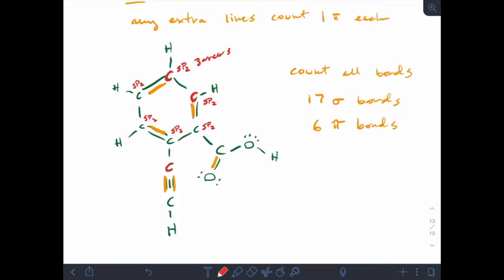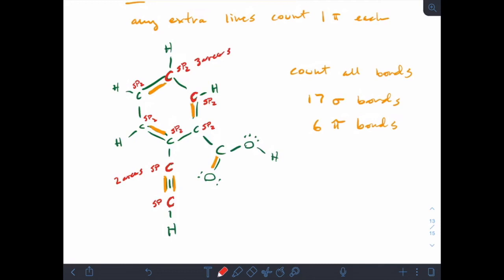What is its hybridization? It's got 2 areas of electrons around it, so it's sp. Same thing with the carbon below it. This carbon is also sp because it has 2 areas of electrons around it.